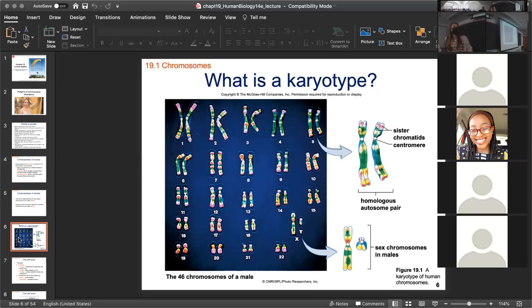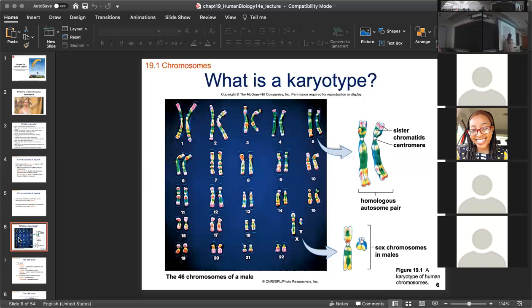The other thing we can notice from this picture is although all the chromosomes are numbered, we could tell whether or not this individual had a genetic disease and whether or not this individual was male or female just by looking at the picture, okay? But in this case, the picture is numbered, which helps us.